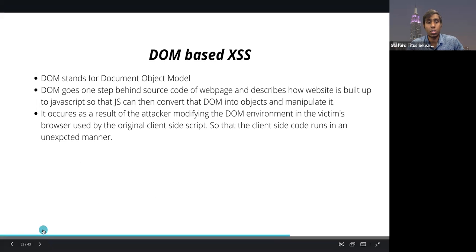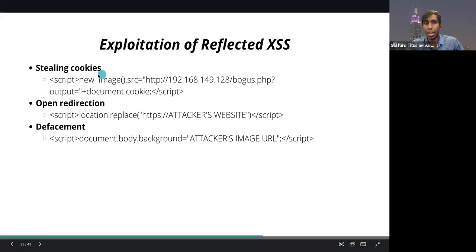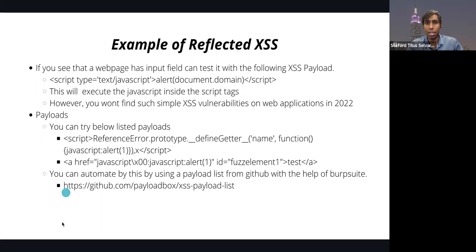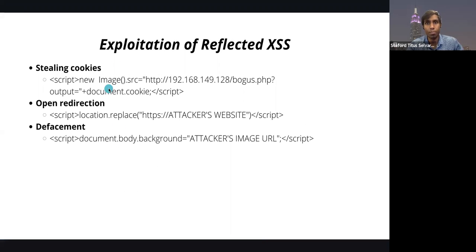And before we head on to DOM XSS, stored XSS again can be done in all these ways that are shown over here: stealing cookies, open redirection, defacement. But given that it is stored in the database or on the server, let's say there's a comments page, and you're typing in a comment, and within the comment you put this, and if it's stored, then any user who comes and looks at the comment page, this will be executed for them, essentially.